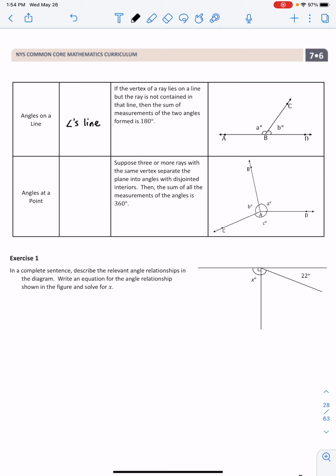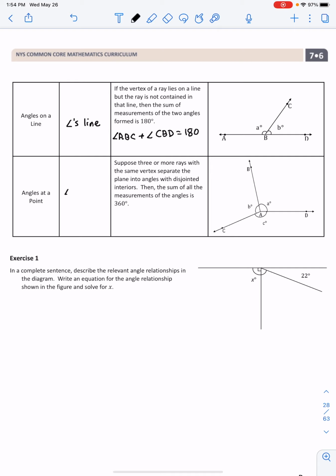So in this one, we have angle ABC plus angle CBD equals 180 degrees.